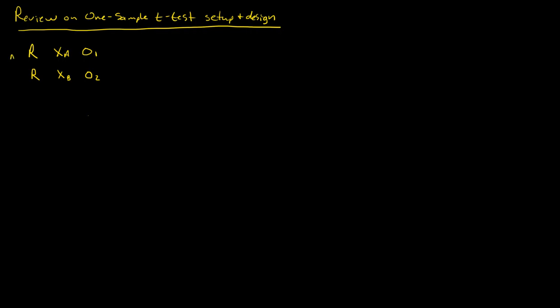Well, if we have n equals 10 here and n equals 10 here, we have two samples of n equals 10. So the large N here is going to be 20. So when we think about this, this is the independent t-test.